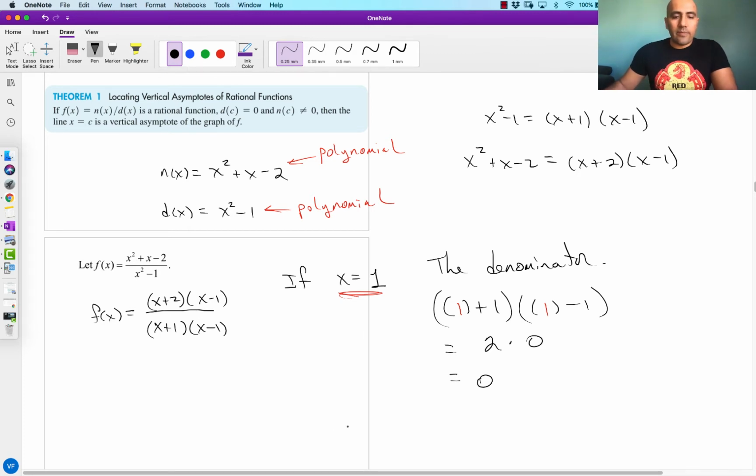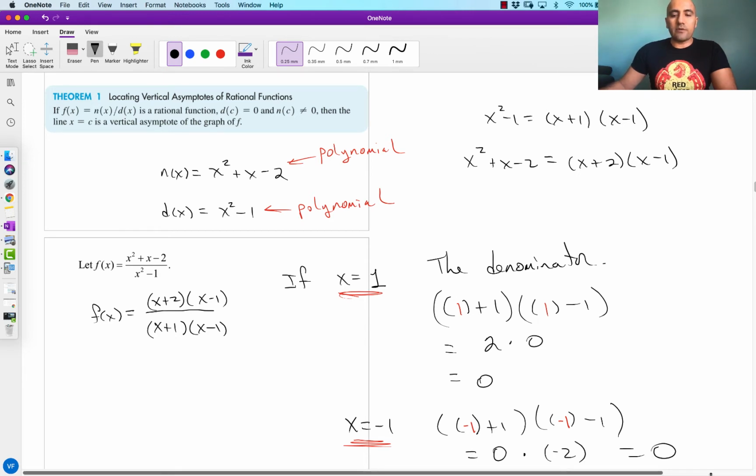Okay, so now what about at negative 1? When x equals negative 1, what happens then? Well, it is going to be blank plus 1, blank minus 1. So if I let that blank be negative 1, I'll end up with 0 from here, so it'll equal 0 times negative 2, so the whole thing will be 0.